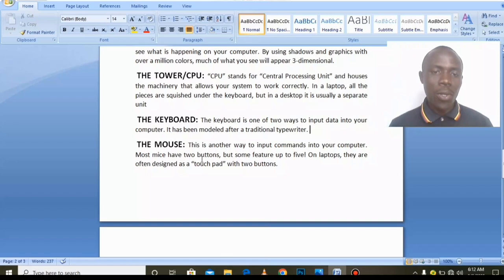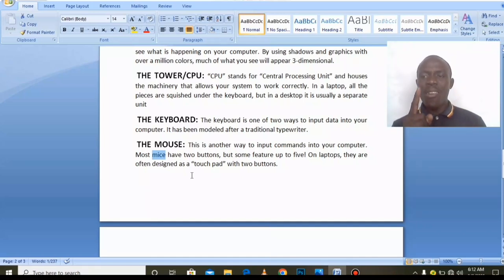Then we have what we call the mouse. This is another way to input commands into a computer. Most mice have two buttons. The word mice is the plural of the word mouse.